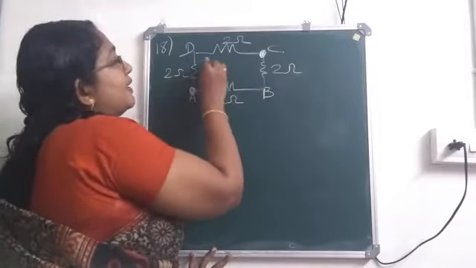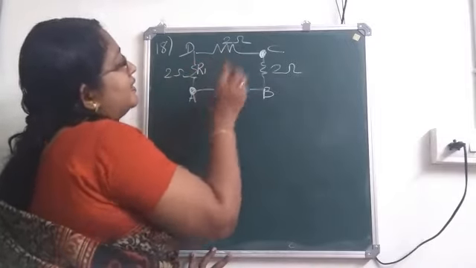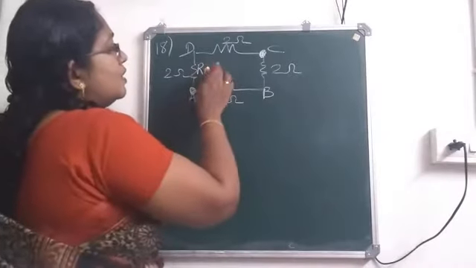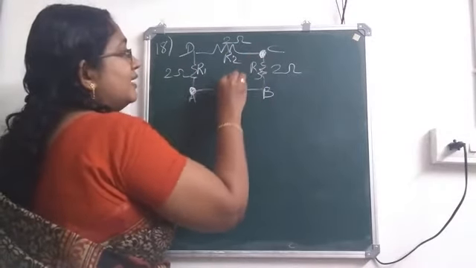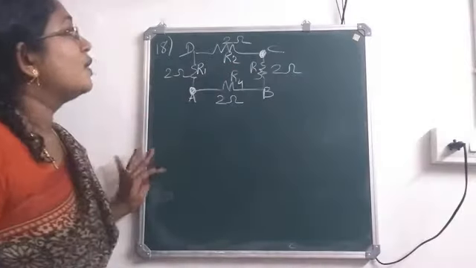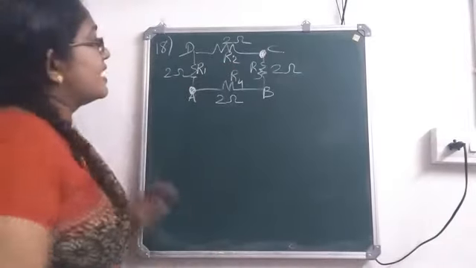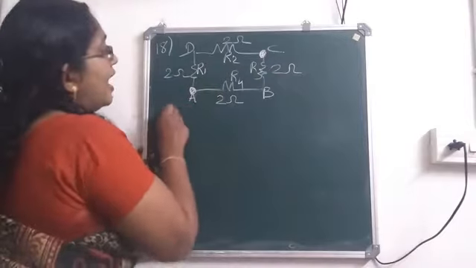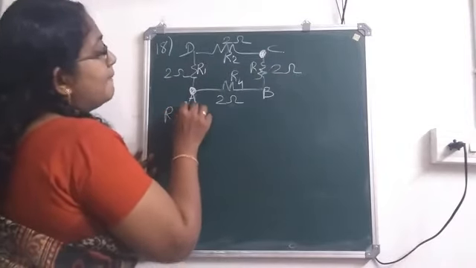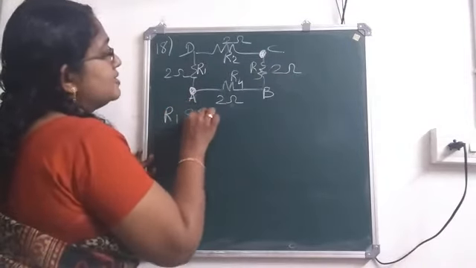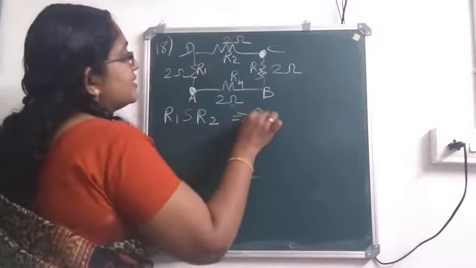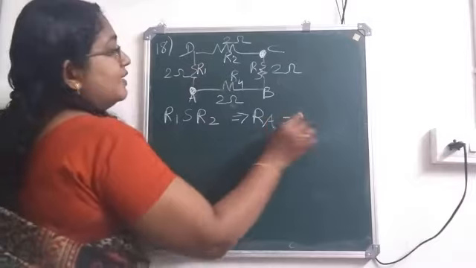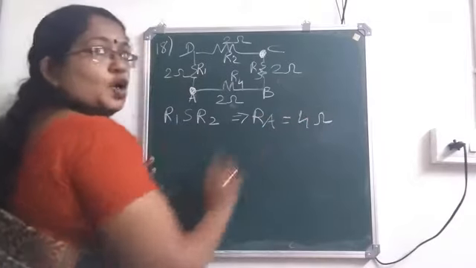So if I am marking, let this be R1, R2, this is how we marked, R3 and R4. Now, if you are considering the end points as AC, then R1 will be in series with R2, and let me write it as RA. RA will be 2 plus 2, 4 ohm.